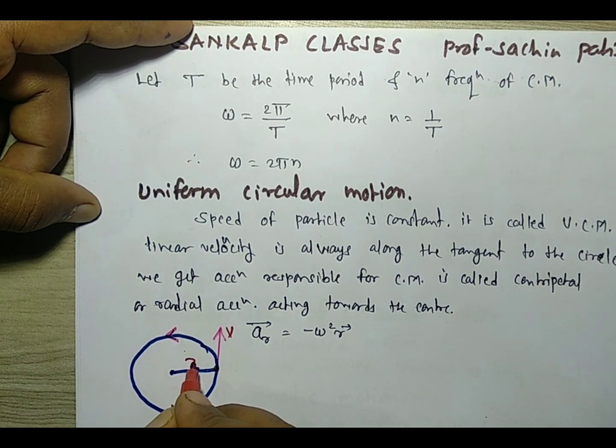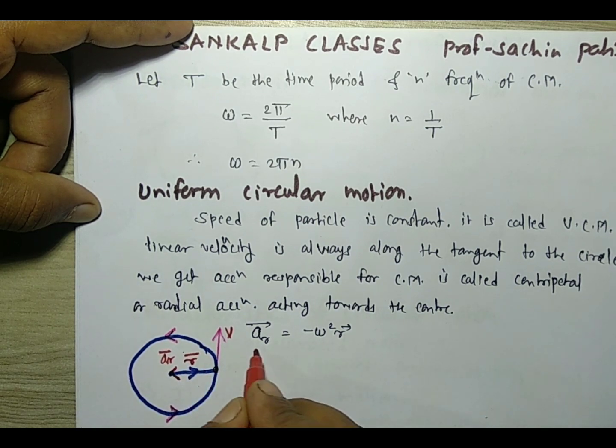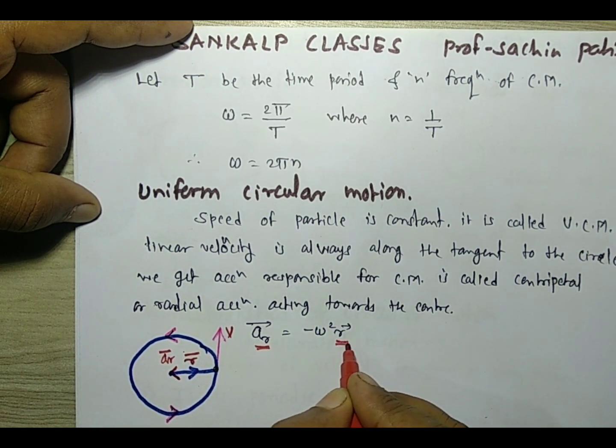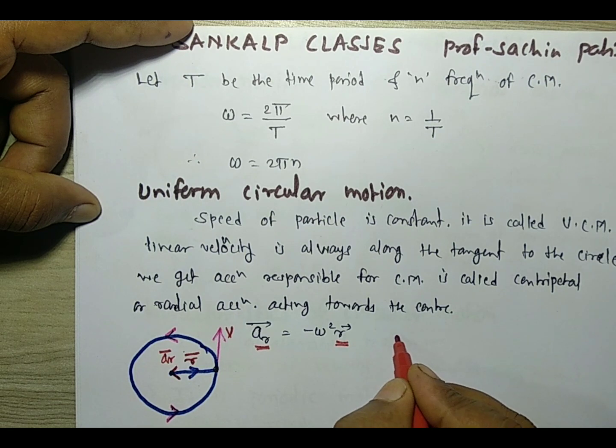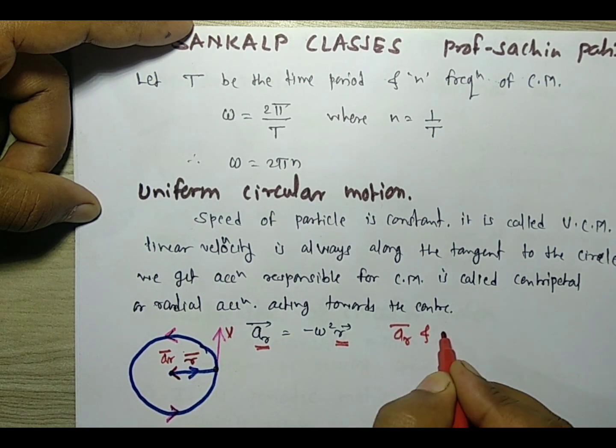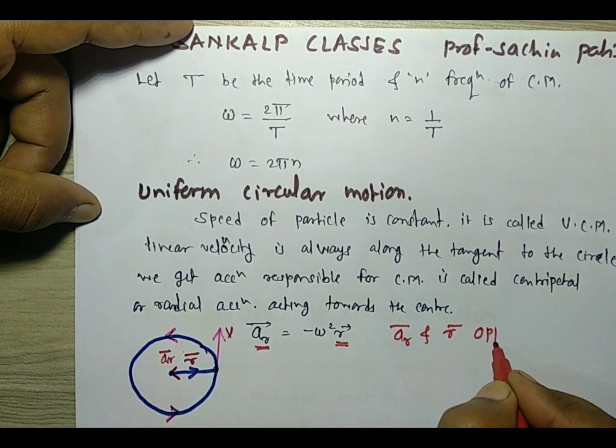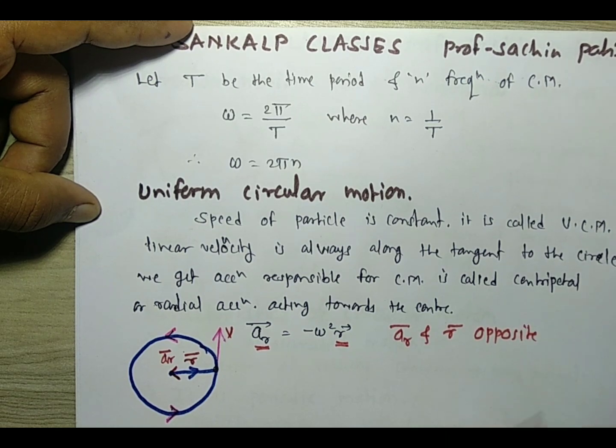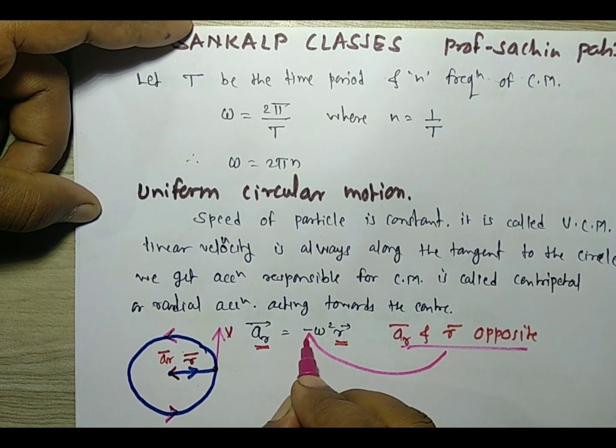Here the radius vector is from here, and the centripetal acceleration acts towards the center, and this is a r bar. Therefore a r bar and r bar are opposite to each other, and due to this consideration we get the negative sign here.